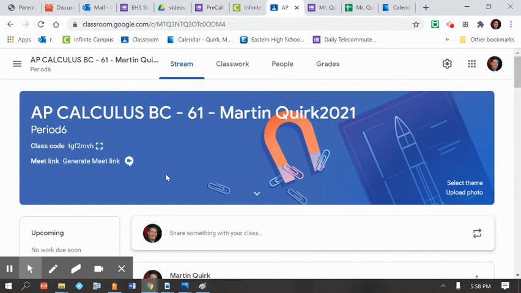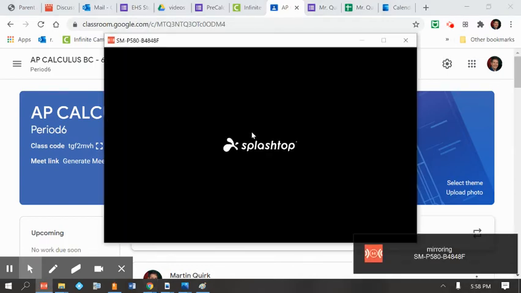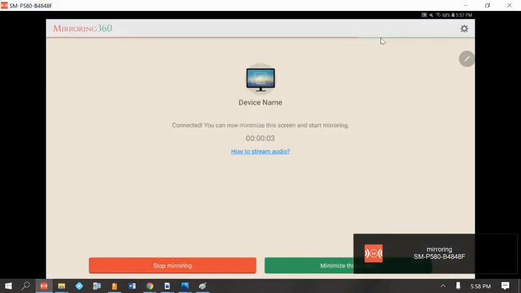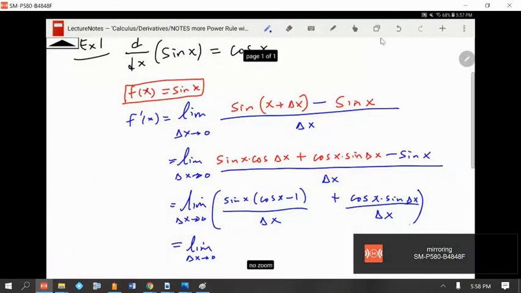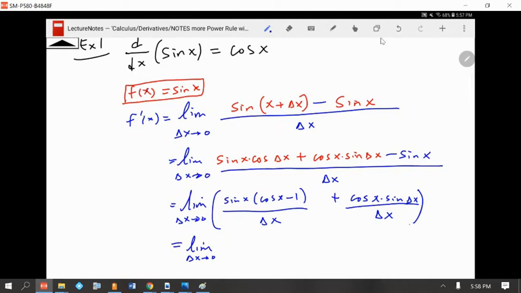So there's actually a couple of limit formulas that we didn't talk about last year because of the whole COVID thing. The limit of cosine delta x minus 1 over delta x, that's times sine x.